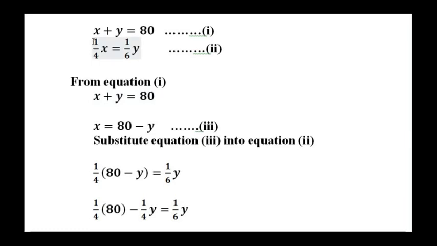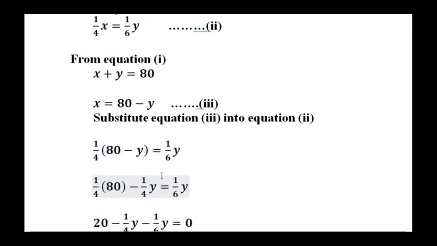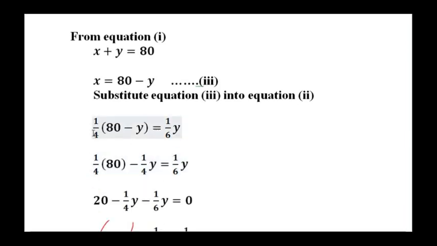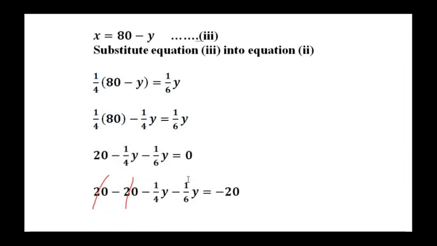Equation 2, 1/4 x = 1/6 y becomes 1/4 (80 - y) = 1/6 y. If we multiply 1/4 by 80, we get 1/4 times 80. And if we multiply 1/4 by negative y, we get negative 1/4 y = 1/6 y.